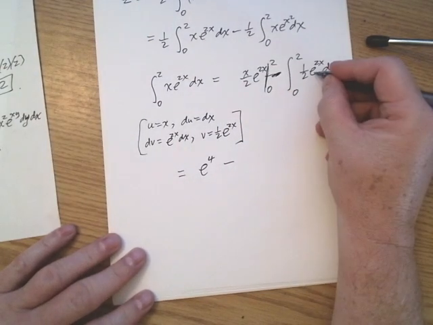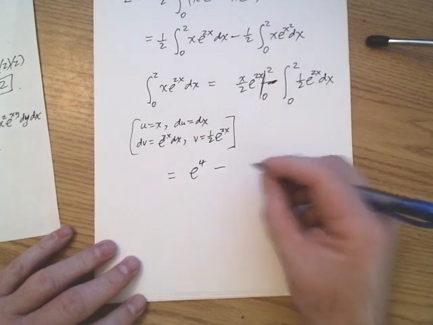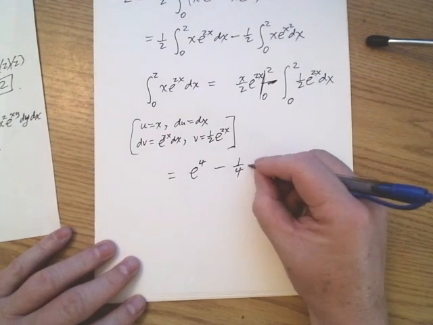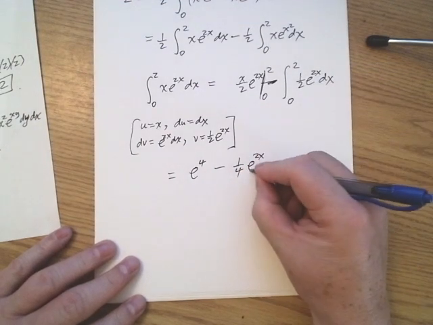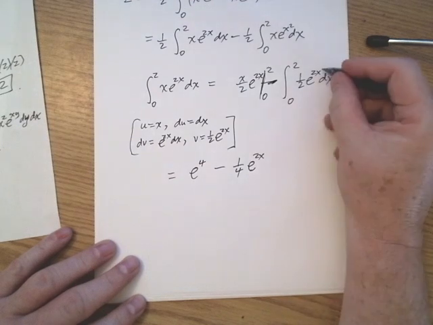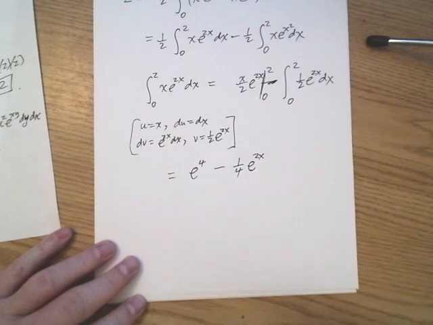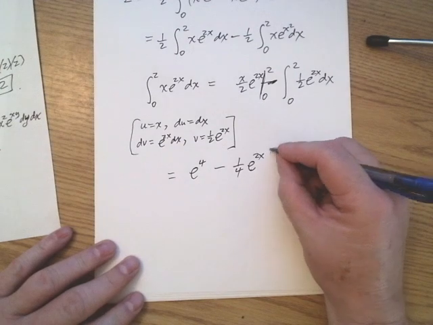Okay, how about this integral? Is this hard? Not at all. This is actually going to be 1/4 e to the 2x. Okay. It uses substitution. U equals 2x, and that would be easy to compute there.